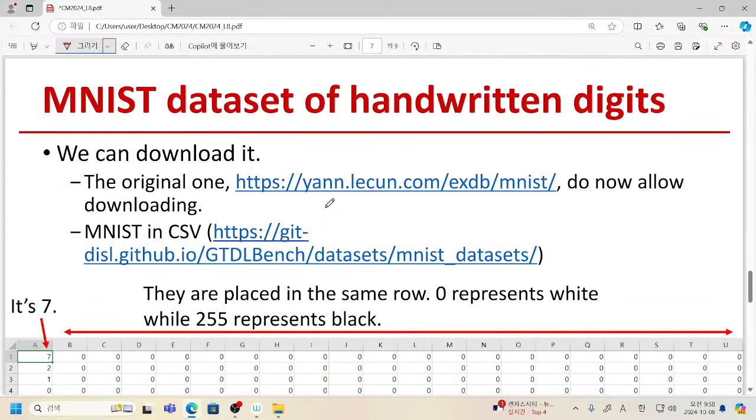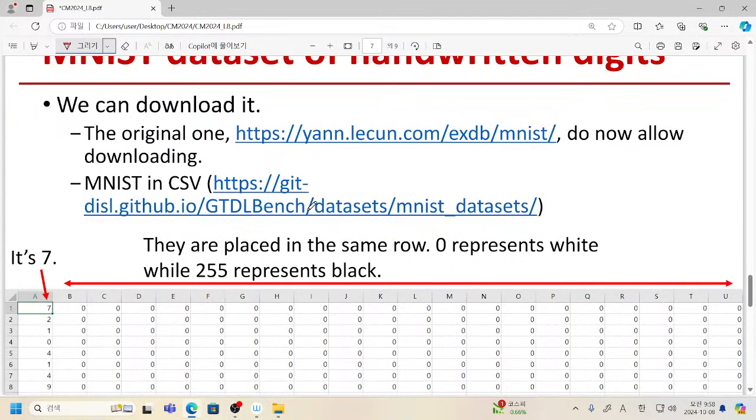because after that you can invent any other things by yourself. So today's lecture will end with just the introduction of the very basic data set for our later use. This is the MNIST data set of handwritten digits, so we can download it. Please visit this address and try to download your own version. I actually tried the original one.